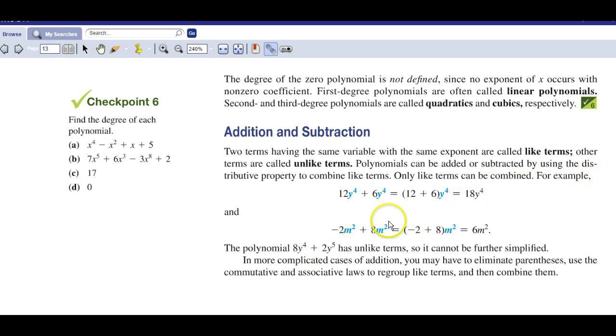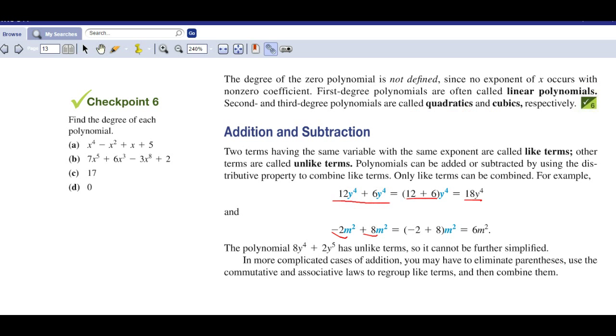Well, over here we have y to the fourth, y to the fourth. So these are like terms. In a sense, we could factor out the y to the fourth from each of these, and we just add our numerical coefficients, and that gives me the answer. And again, these are like terms. The variable and the exponents are the same. So we just add the numerical coefficients, which gives us this.